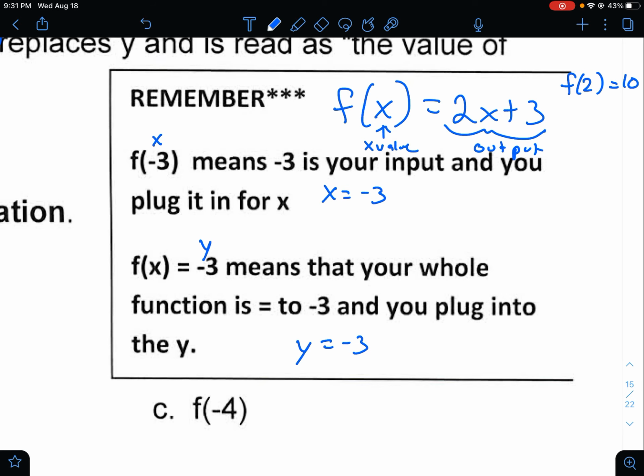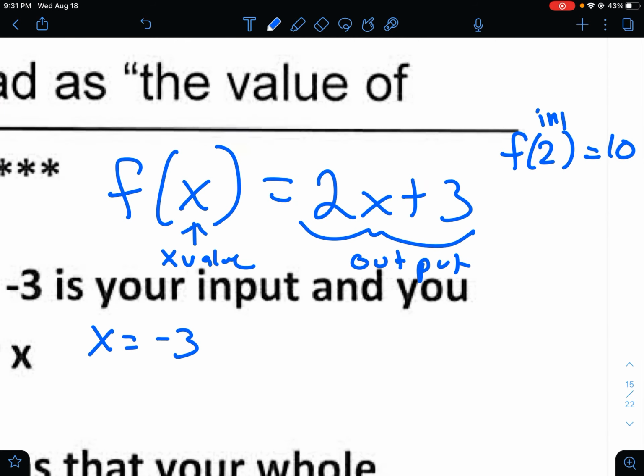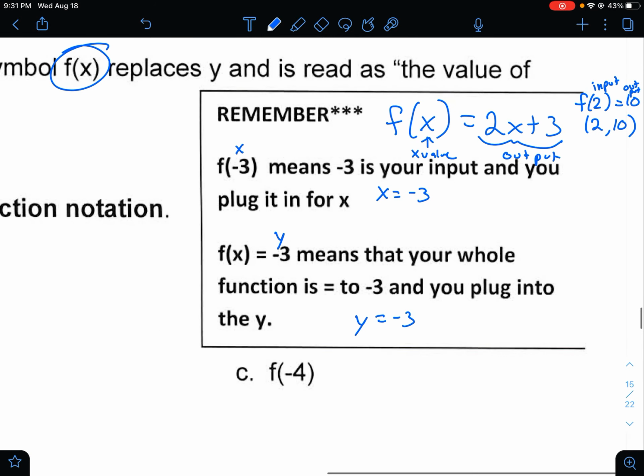Your input is 2. Your output is 10. And we know that when we write an ordered pair, it's input comma output. So if you wanted to write this as an ordered pair, it'd be 2 comma 10. That's what they're trying to show here.